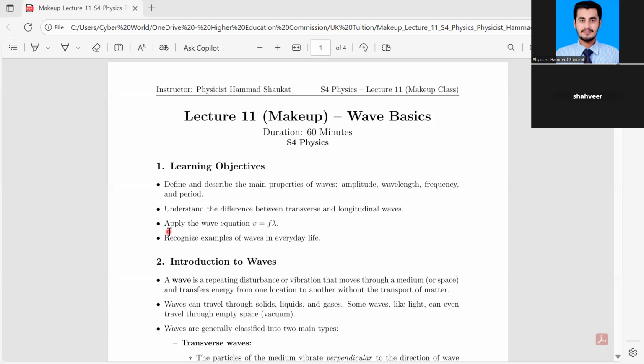Then we will apply the main wave equation, V equals F lambda, where V is the speed, F is the frequency of a wave, and lambda is the wavelength of the wave. Then we will solve some practical numerical problems regarding waves.